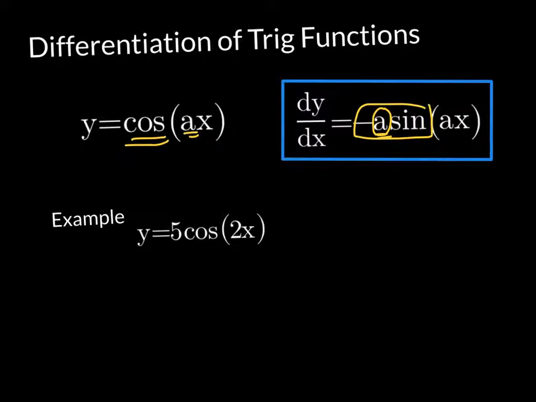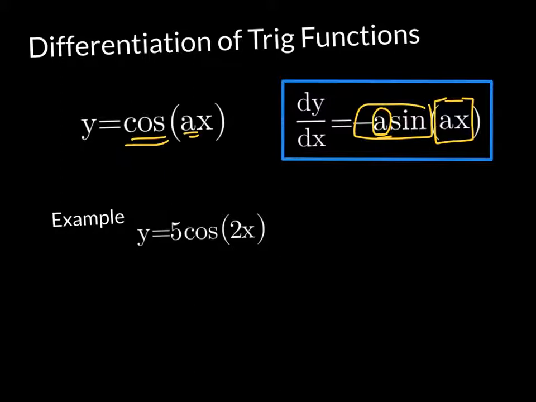So differentiating a sine function will give you a positive cosine, but differentiating a cosine will give you a negative sine. Okay, so just be careful with that. Again, the thing in the brackets doesn't change.